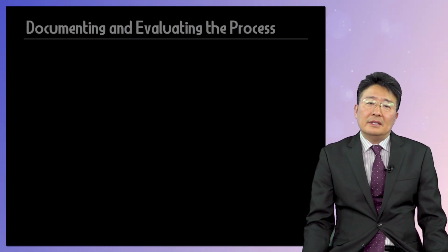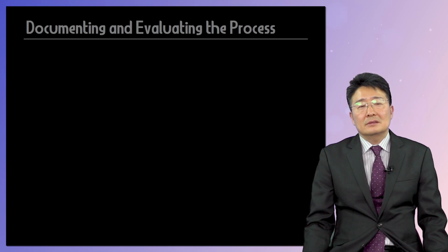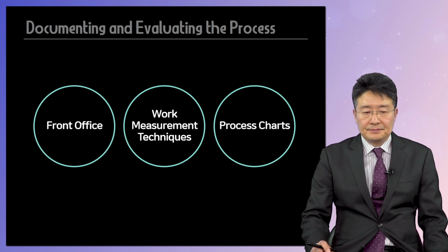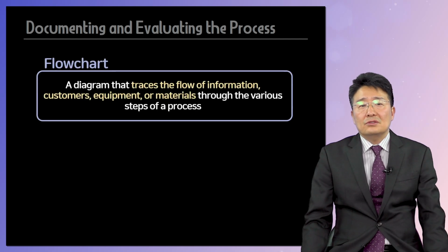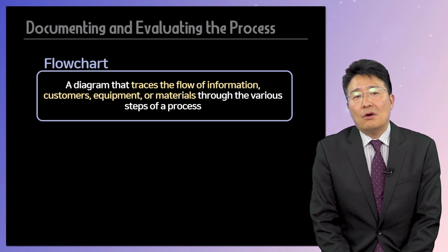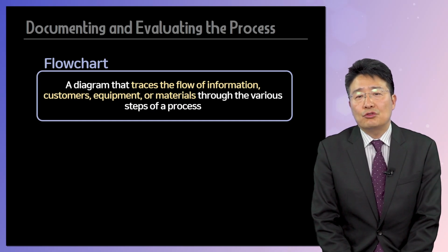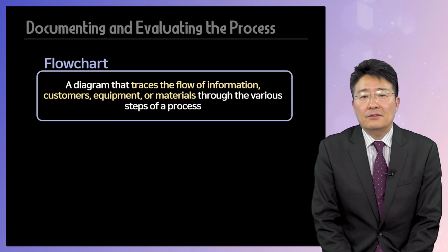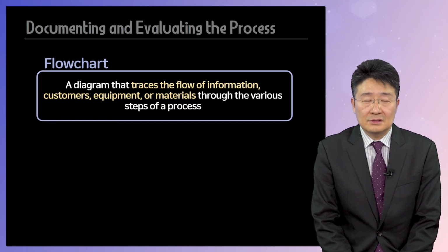In documenting and evaluating the process, we can consider flow charts, work measurement techniques, process chart. The flow chart is a diagram that traces the flow of information, customers, equipment, or material through the various steps of a process.